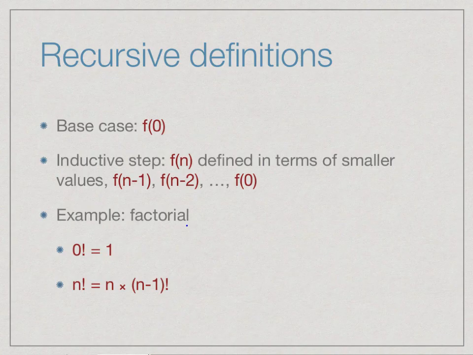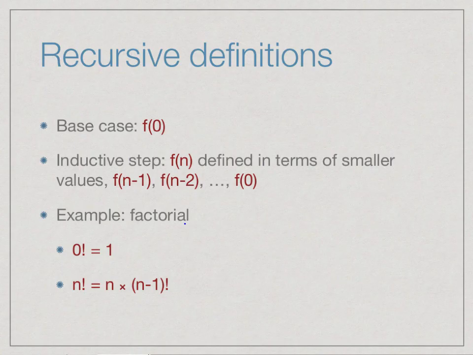For example, for the whole numbers, you would define a value for f of 0. And then inductively, for f of n, you would write an expression involving smaller values of the argument: f of n minus 1, f of n minus 2, down to f of 0. So you can define it in terms of any smaller value, assuming that those have been inductively computed already. This is the meaning of a recursive or an inductive definition.